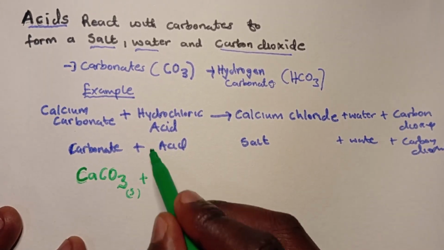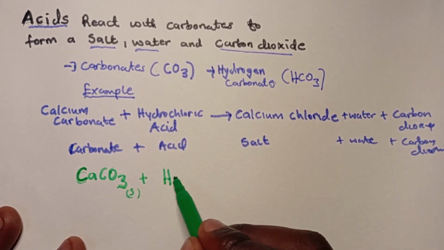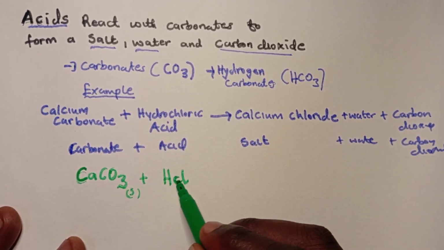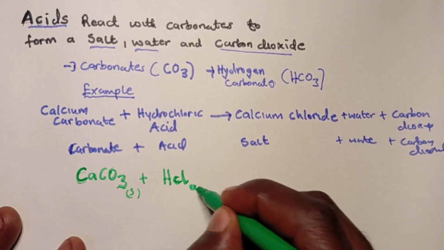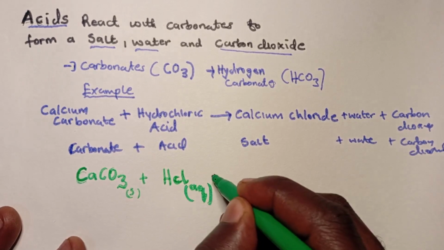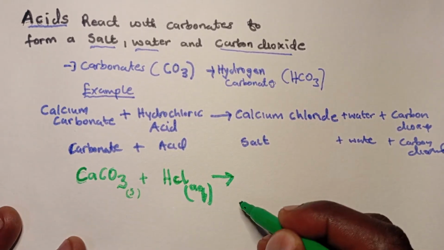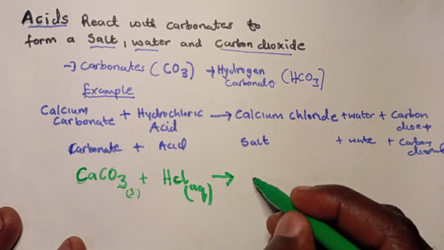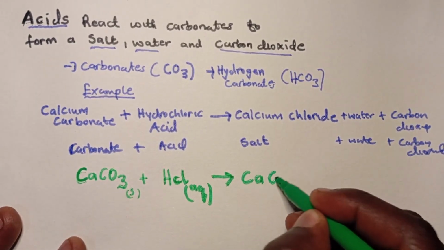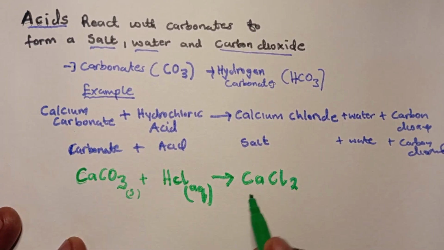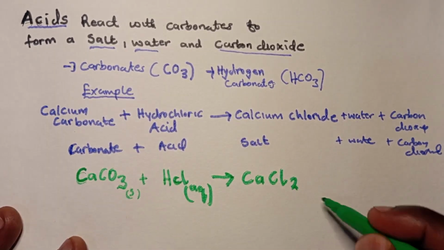Then plus hydrochloric acid, it's simply HCl. Most acids are in aqueous state. And then you're going to get the salt, which is calcium chloride, CaCl2, the 2 down coming from the valence of calcium.